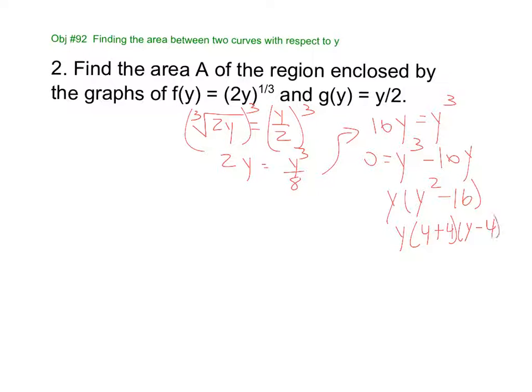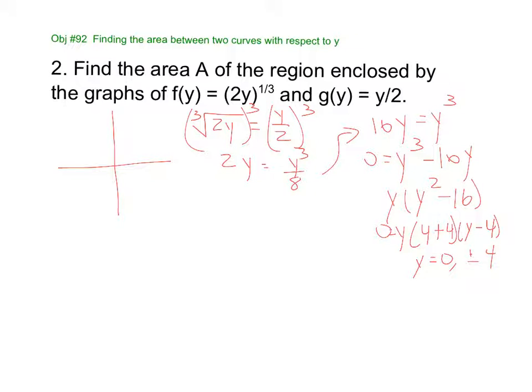So we have 3 points here: y equals 0 and plus or minus 4, which means this is going to be 2 regions. So let's do a graph.